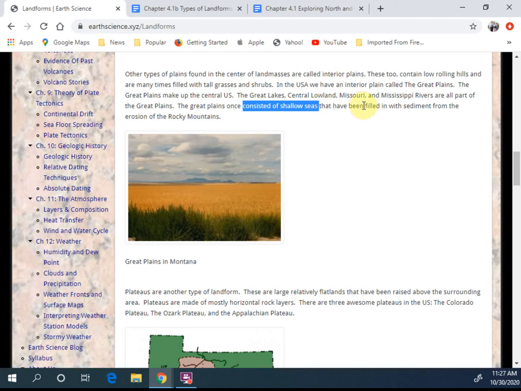And it is filled in with a variety of sediments from the erosions of the Rockies, plus from the accumulation of bioorganic material.